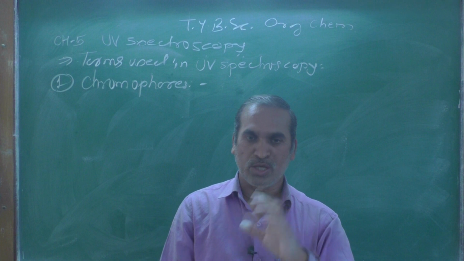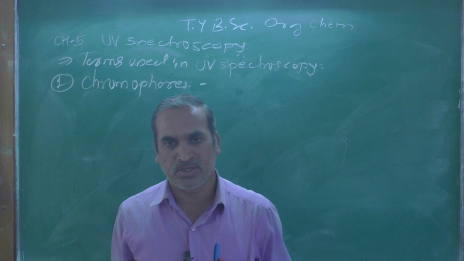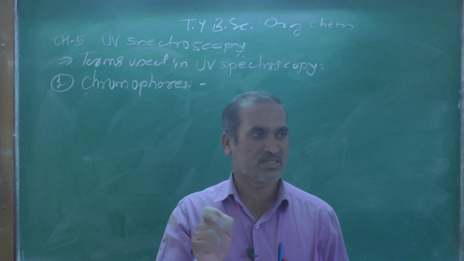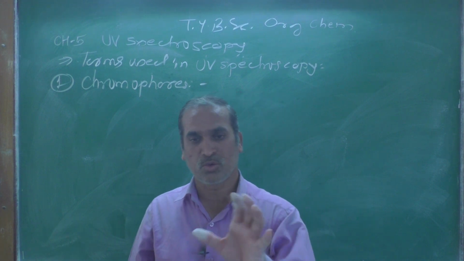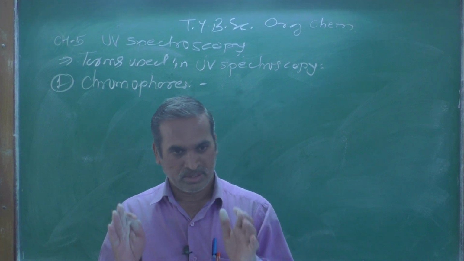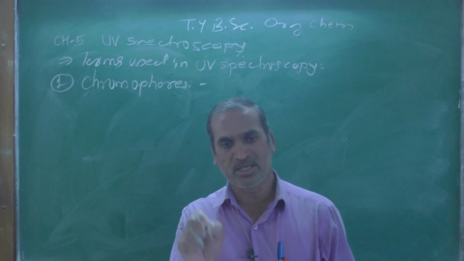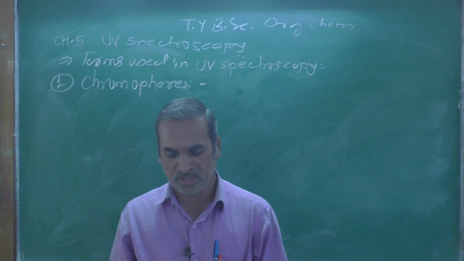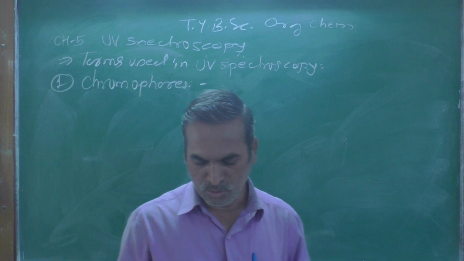It is an isolated functional group capable of absorbing UV radiation. Listen once again. A chromophore is an isolated functional group capable of absorbing UV radiation.